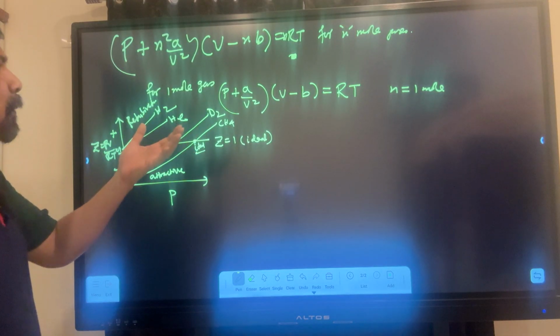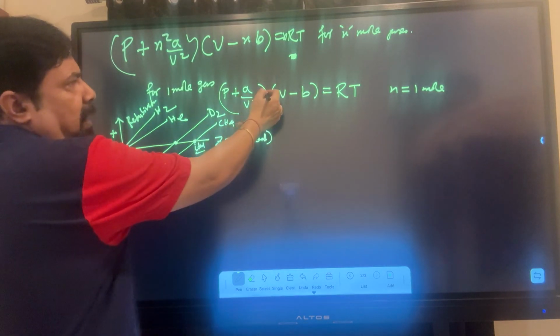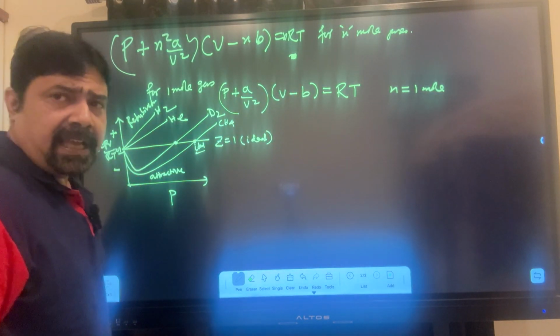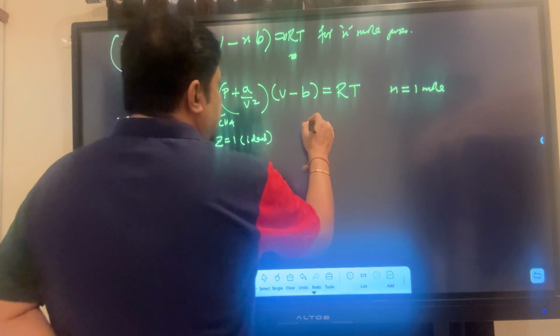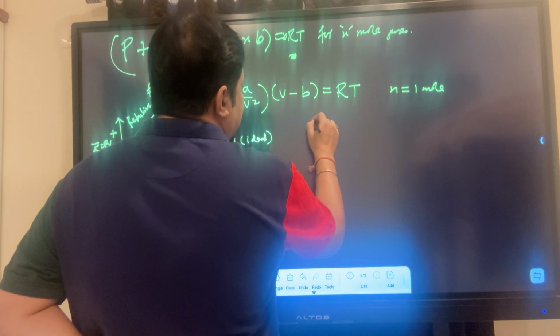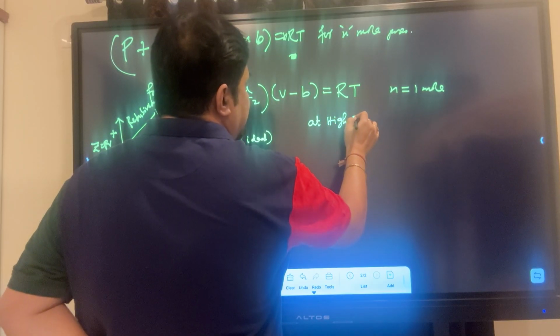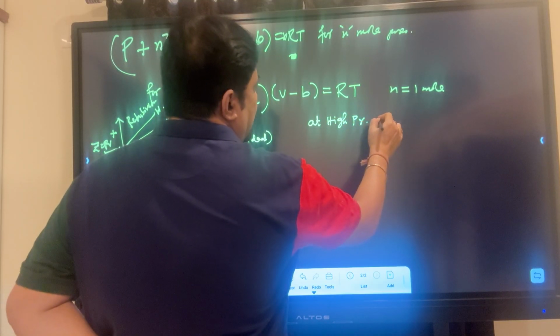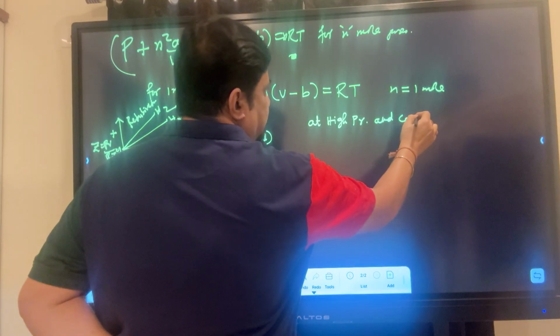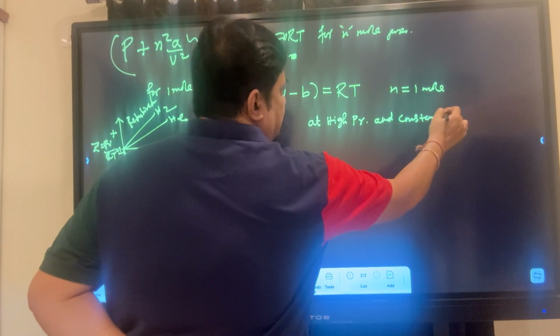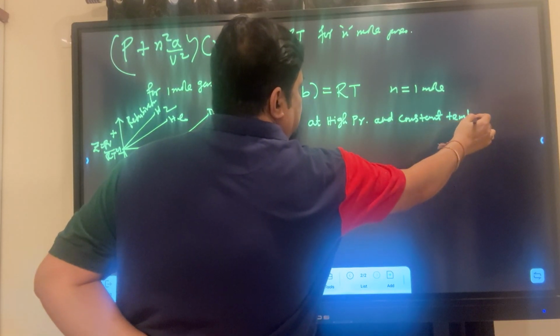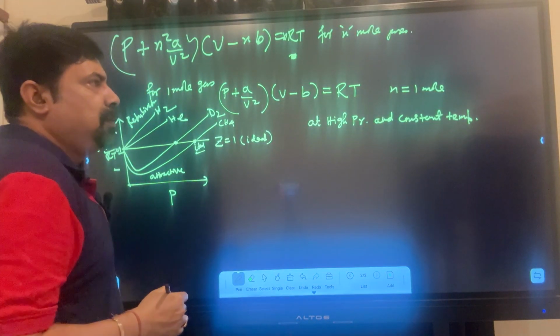Now my next point: at high pressure, this is the Vanderwaals gas equation for 1 mole of gas. If I say at high pressure and constant temperature, what will be our situation?